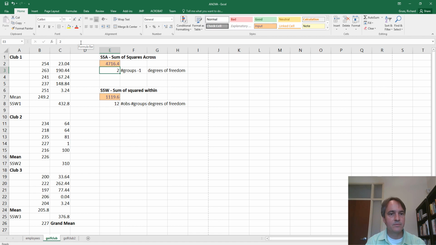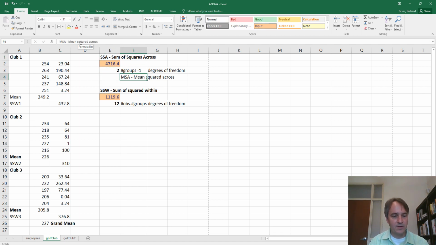So now we have a sum of squares, and we have a denominator, which is our degrees of freedom. Okay. So now I'm going to give you another acronym. If we take this and divide by this, we're going to have a MSA. So this is sum squares across, SSA.